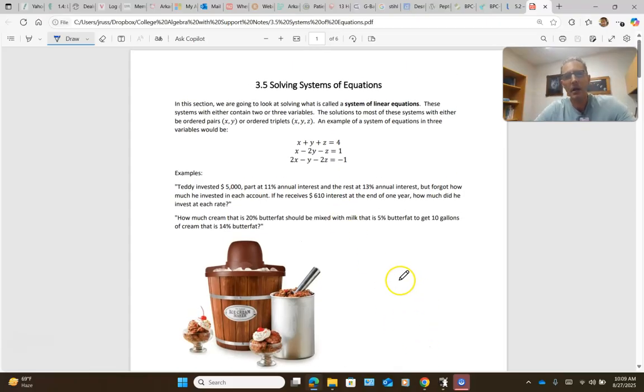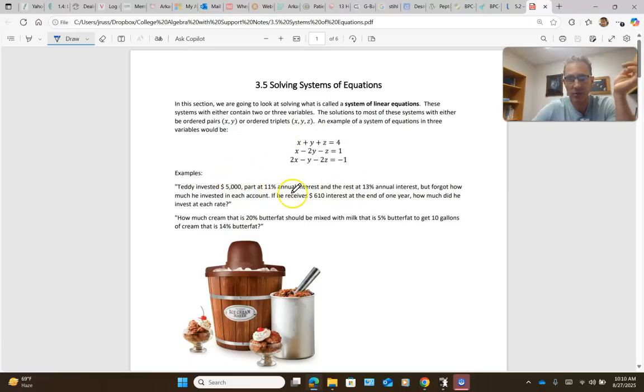Okay. All right, so you've probably gathered by now a system is going to look like this. Now in this section, the system will be given to us, and we'll just be asked to solve it. But in later sections, specifically in the next section, we'll actually have to come up with a system ourselves.